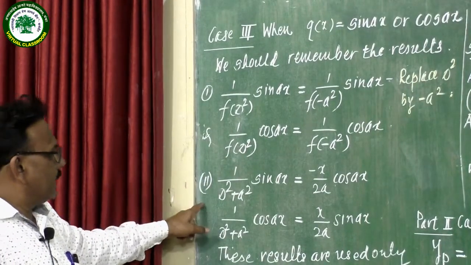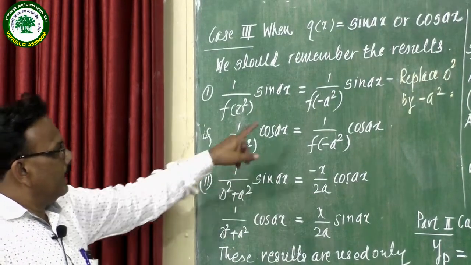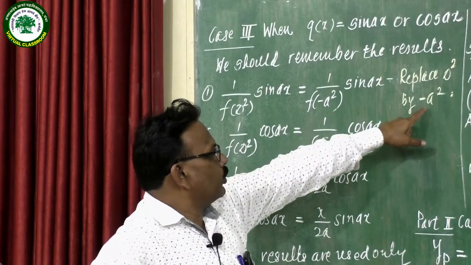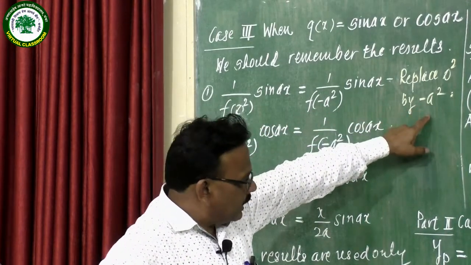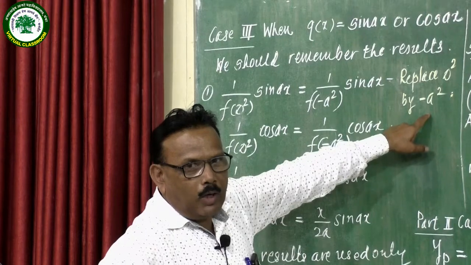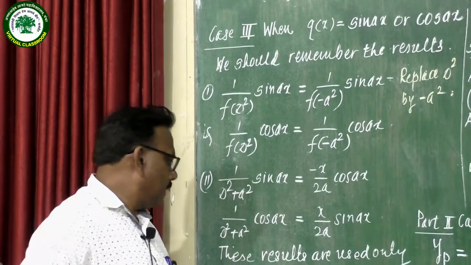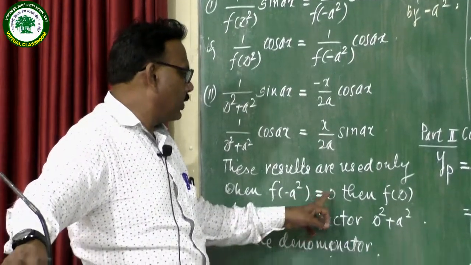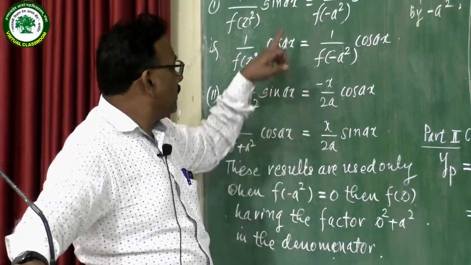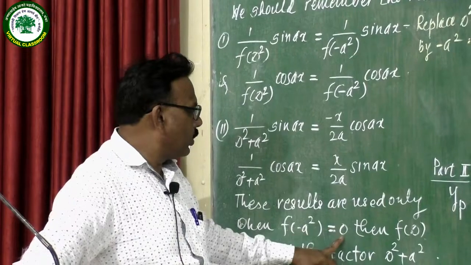In the second case, while you are substituting D square equal to minus a square, what will happen? f of minus a square will be 0. That means the denominator part will become 0.